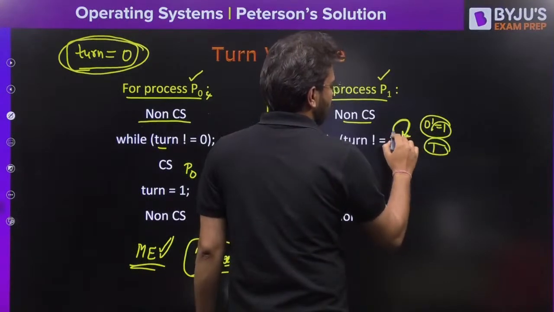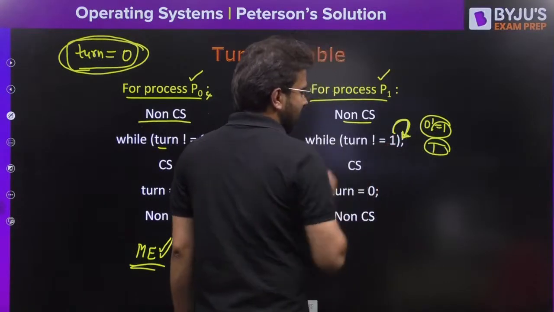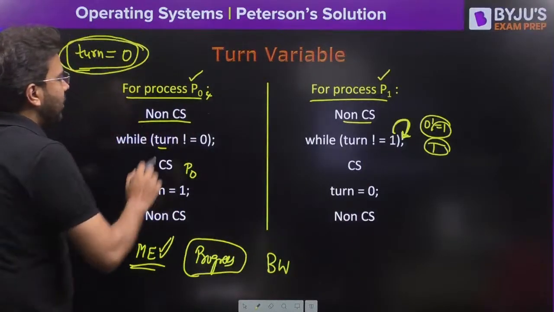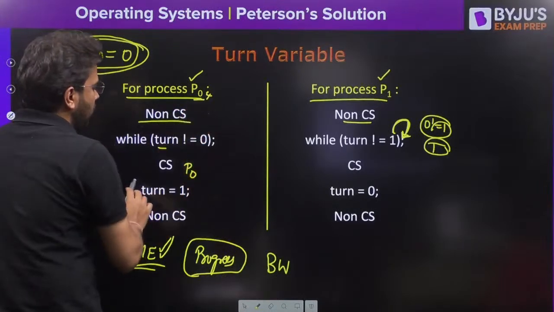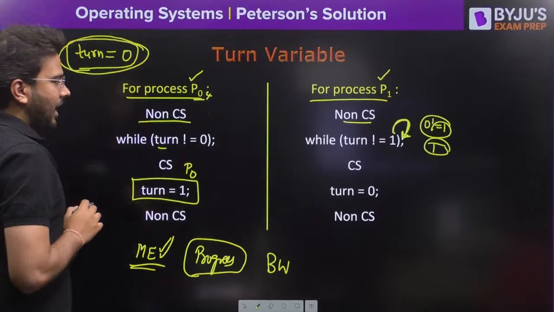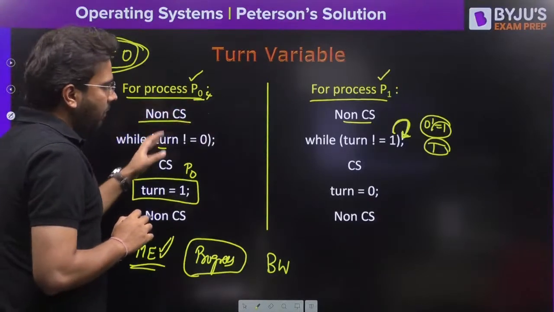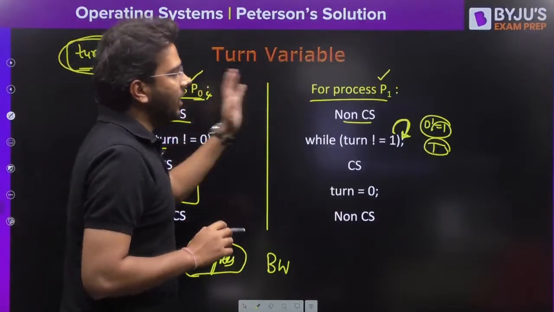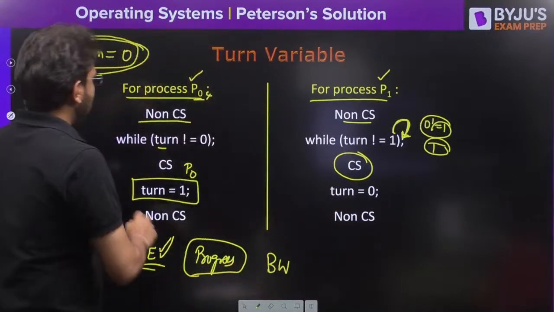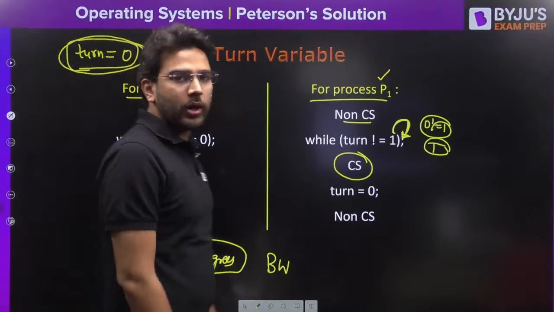That means P1 is not able to access the critical section. Why? Because the turn value is 0 and only process P0 can make the value of turn 1. That means P0 is stopping P1, or not allowing P1 to access the critical section, because the turn value is 0 and only P0 can make it 1.